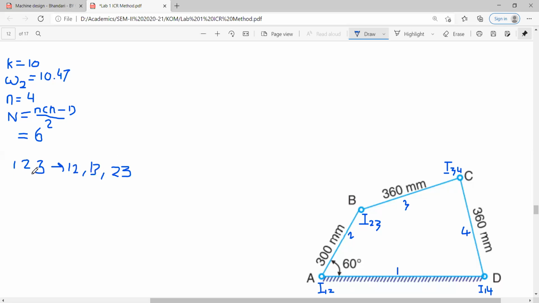For this combination, all these 3 ICRs, I12, I13, and I23, will lie on a straight line like this.